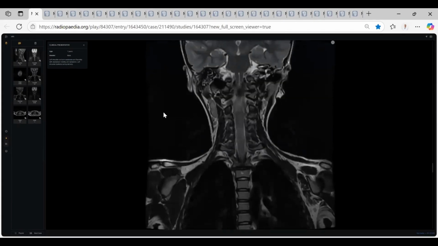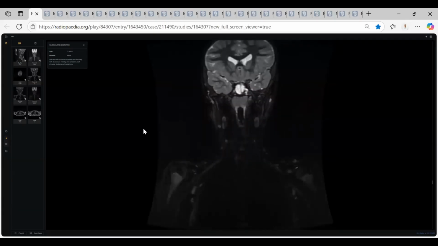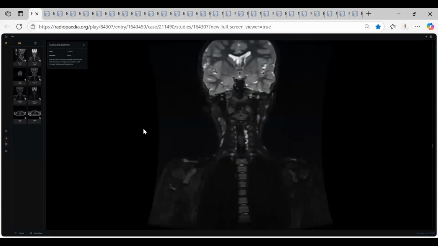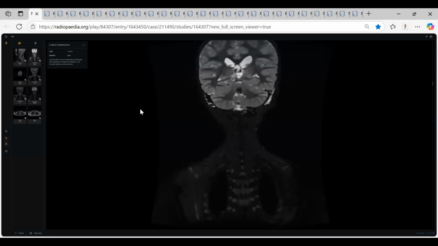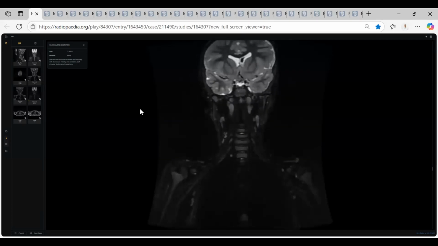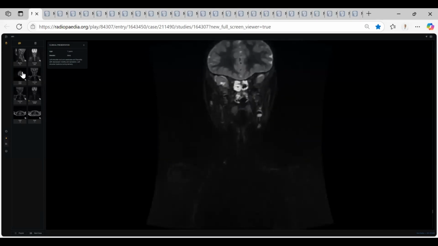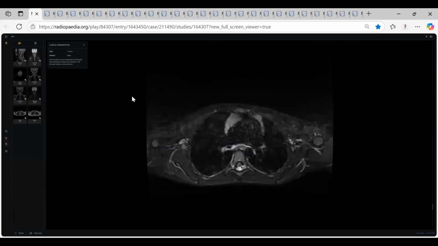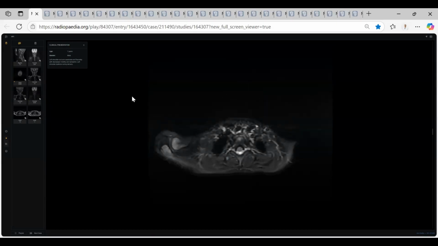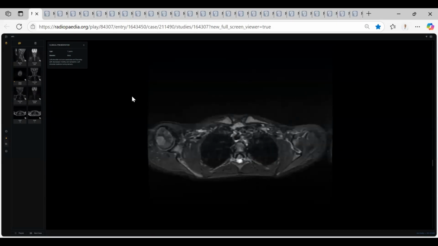If I show you this, there are some important related findings. I can see a ventral multi-level hypointense signal at the ventral side of the subdural space. I think it's superficial siderosis. Don't worry about this.